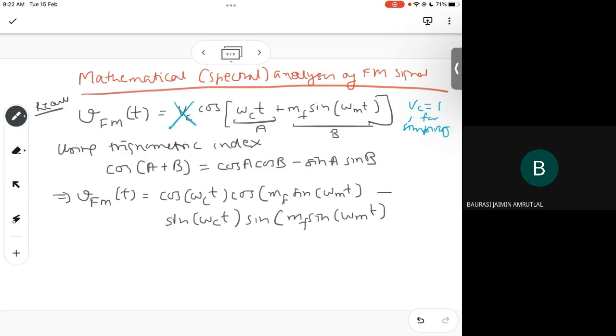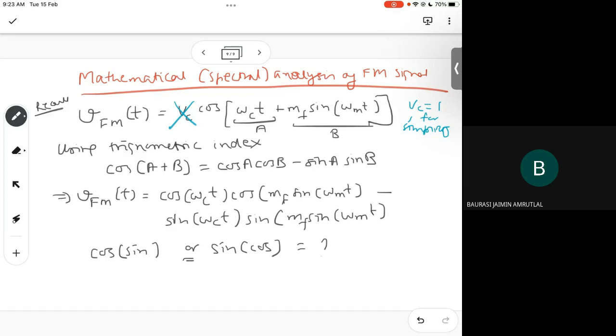So this is a slightly different type of function. The challenge here is that I have got the cos of a sine function or the sine of a sine function. So how to solve such things?